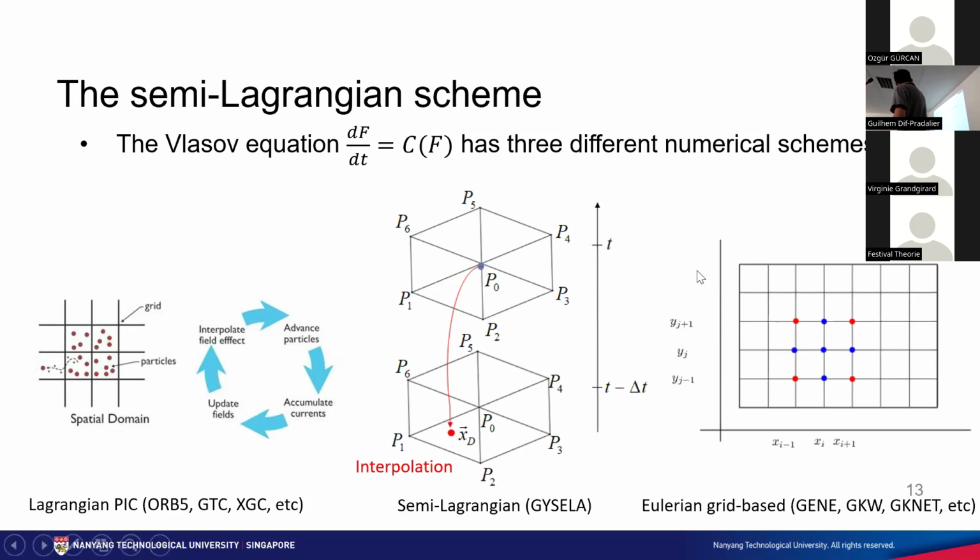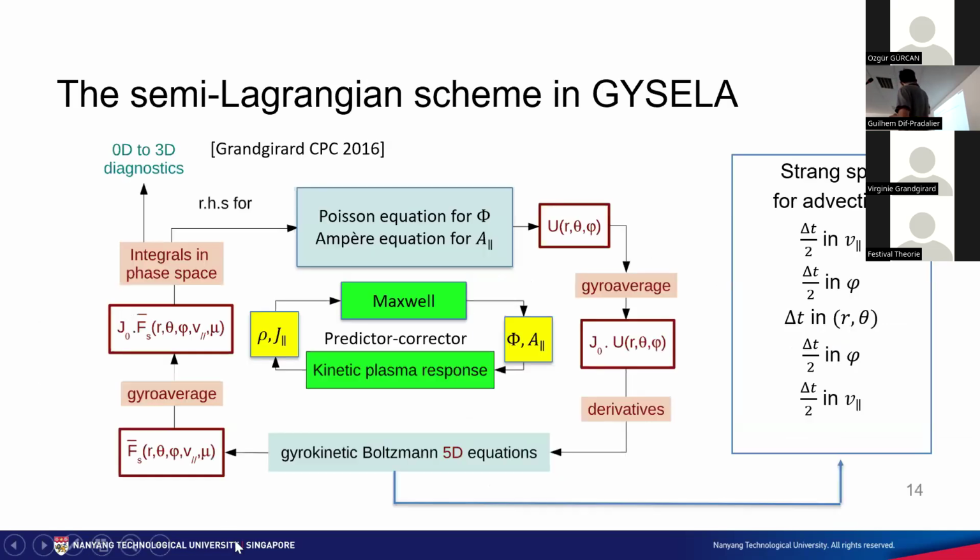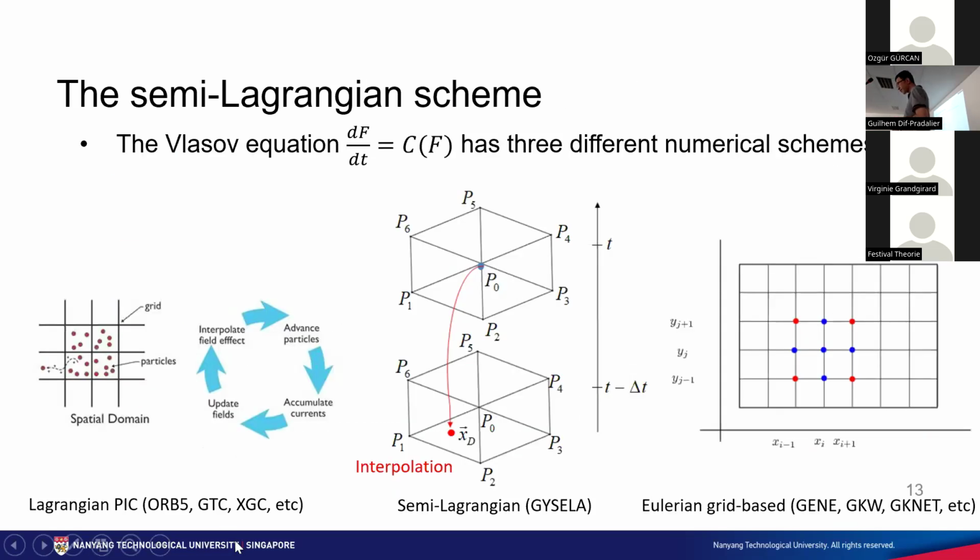So what you can do is that at the next time step, you just backtrace this trajectory, and then you may land somewhere in the previous time step. And this previous time step is not on the grid. So basically it's somewhere in the middle of the grid. And then you can do an interpolation because you know all the values of the distribution function on the grid points. And this scheme is called the semi-Lagrangian scheme.